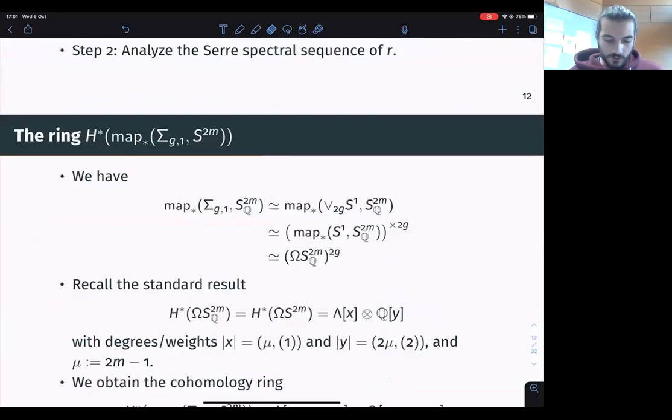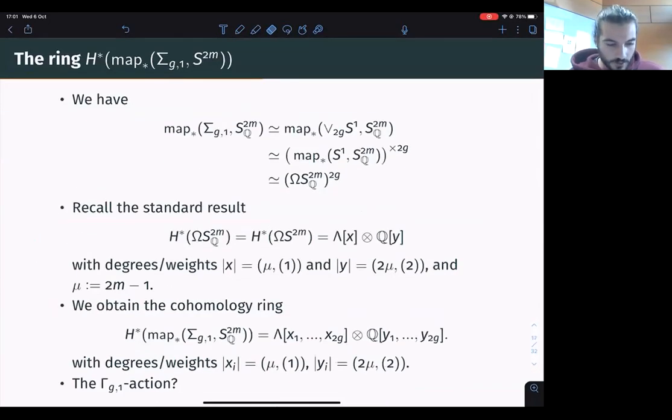Okay, so step 1, the ring. The base mapping space: I can retract sigma G1 onto its one-skeleton. So that's homotopy equivalent to based maps from a wedge of 2G circles to the sphere.